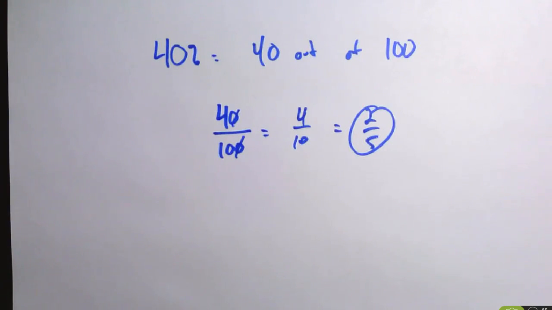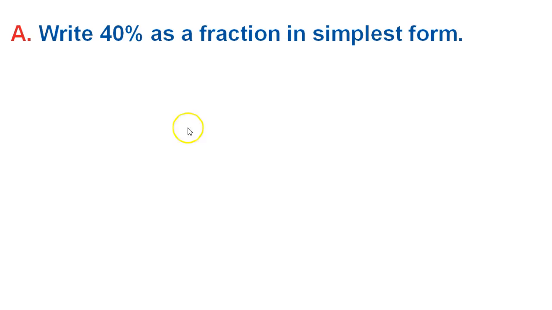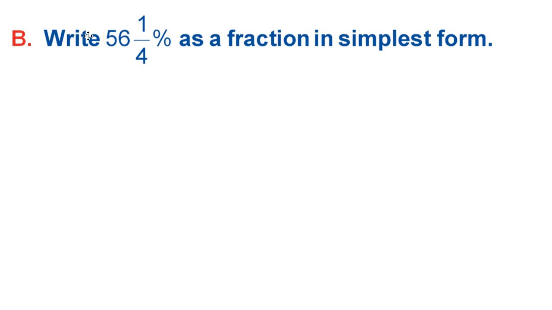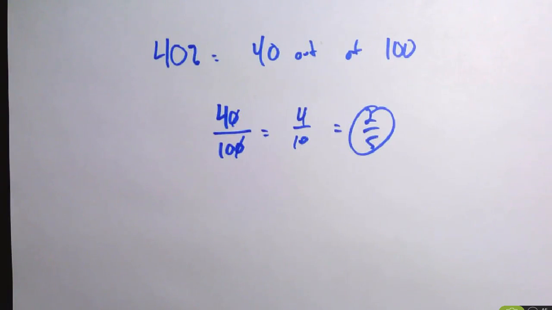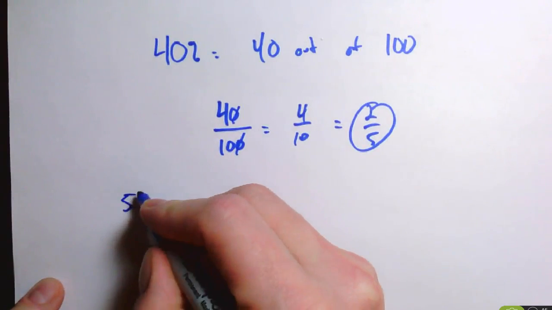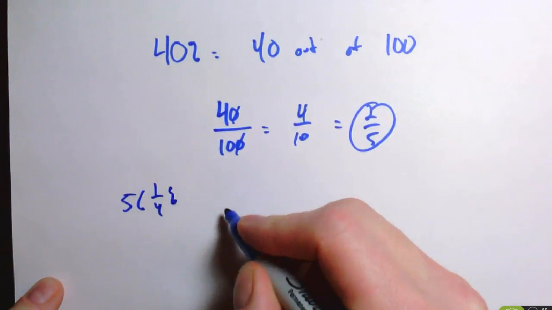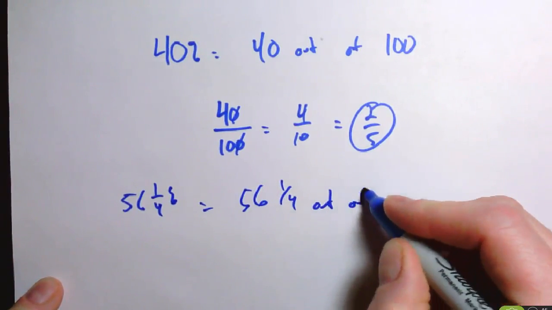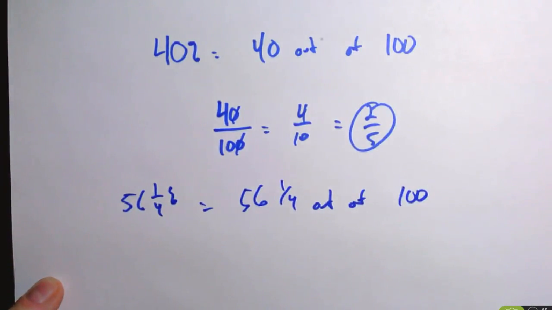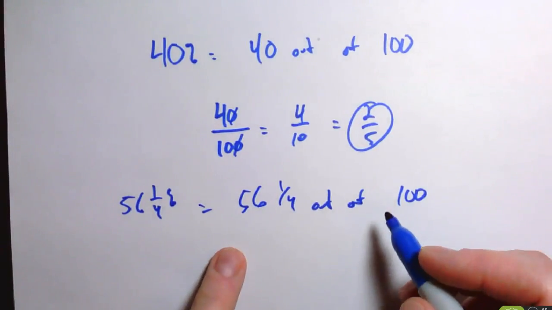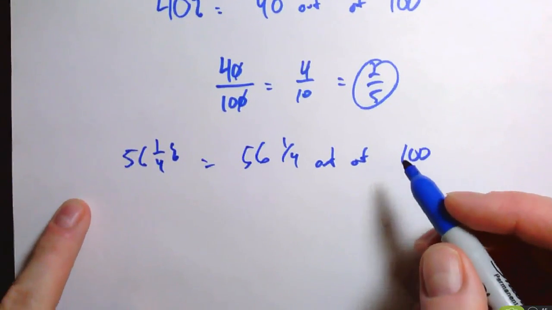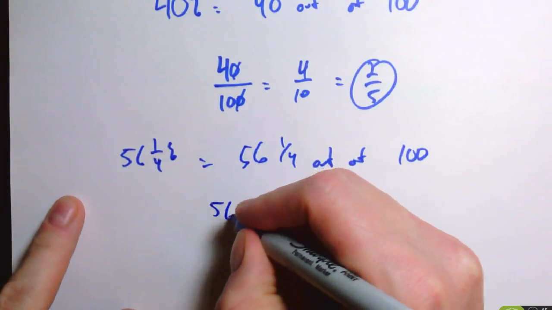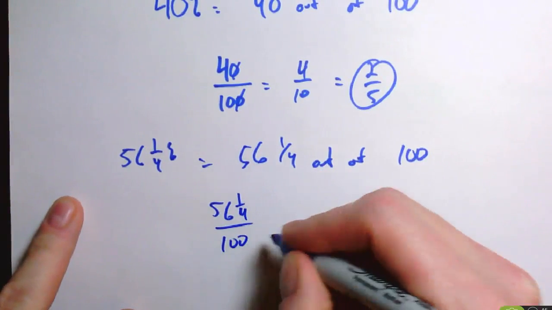Okay. All right. Now the next example is a little more complicated. We're going to write 56 and 1/4% as a fraction in simplest form. Okay, so 56 and 1/4%. Well, that means 56 and 1/4 out of 100. But that causes us a problem, because if I try to throw that over 100, we run into the dreaded fraction within a fraction issue.